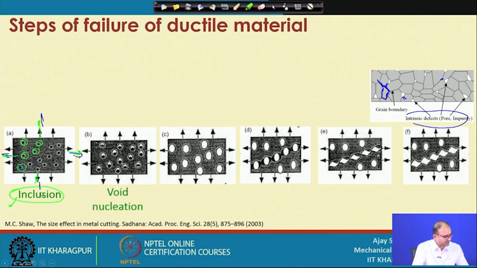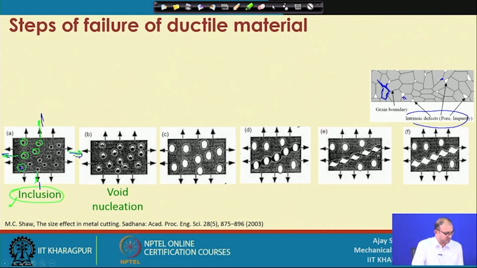Second, after an inclusion, there is new void nucleation. Once these inclusions are available within the material and you put the workpiece in tension in both directions, this void will be the origin of the deformation of the workpiece. So, the failure is created from this location.